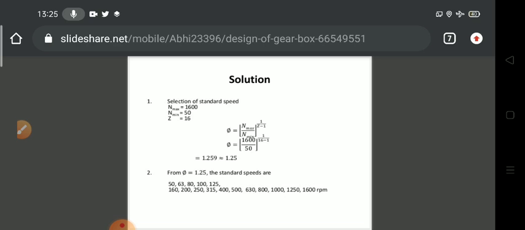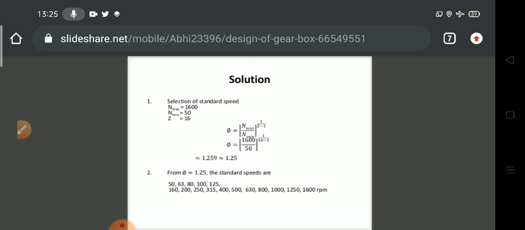Phi is 1.25. So from phi equal to 1.25, the standard speeds for the 16 speeds can be found. The first spindle speed is 50. Then you have to take the geometric progression ratio. Why?